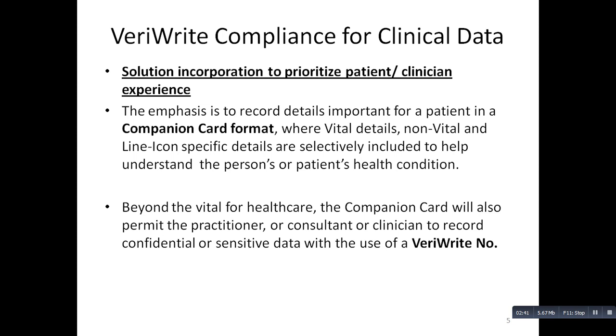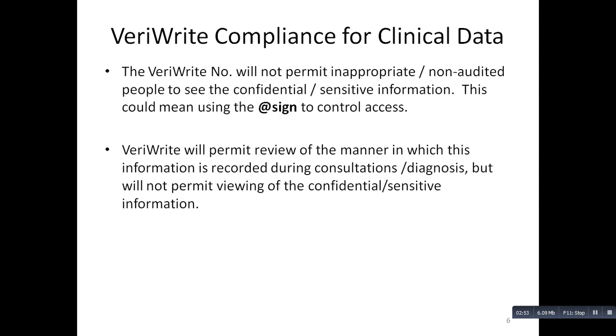It's an indexing number which has been described in the documentation that we provided. The VeriWrite number will not permit people who we think are inappropriate and are not auditable. It helps track who can see the kind of confidential and sensitive information that's being recorded and managed via the records management database. And we feel that this is where the @ sign could control the access.